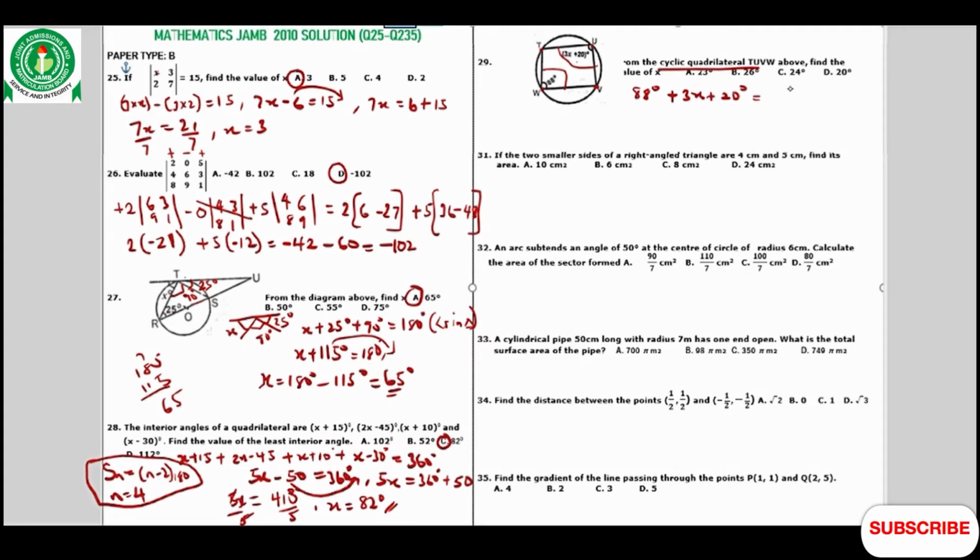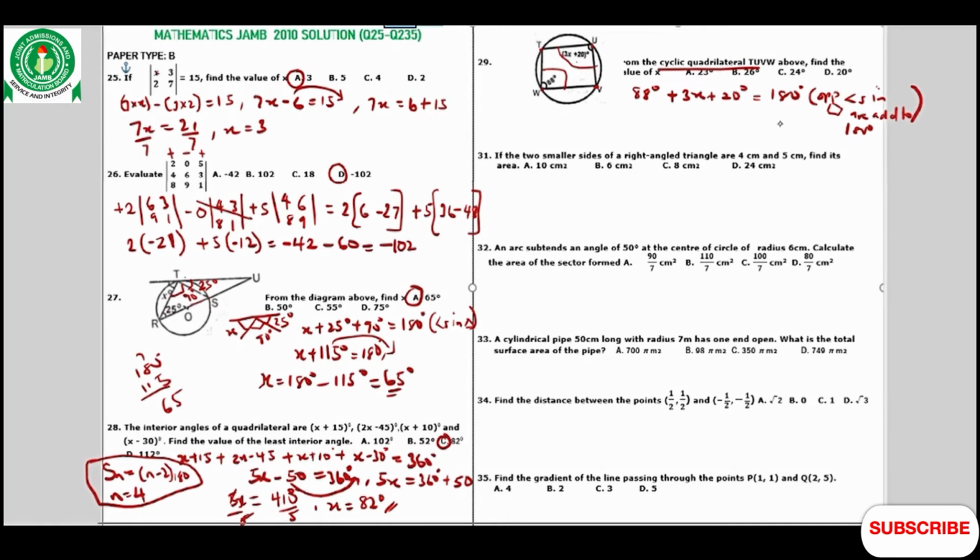Everything must be supplementary, which is 180 degrees. Don't forget that opposite angles in a cyclic quadrilateral add up to 180 degrees. Just note that. That's a law.